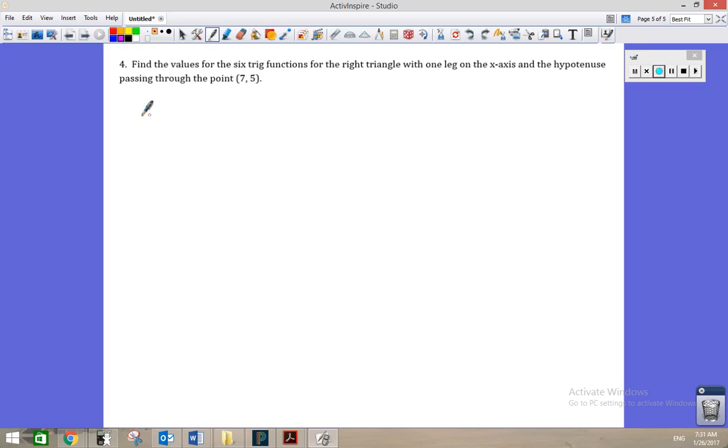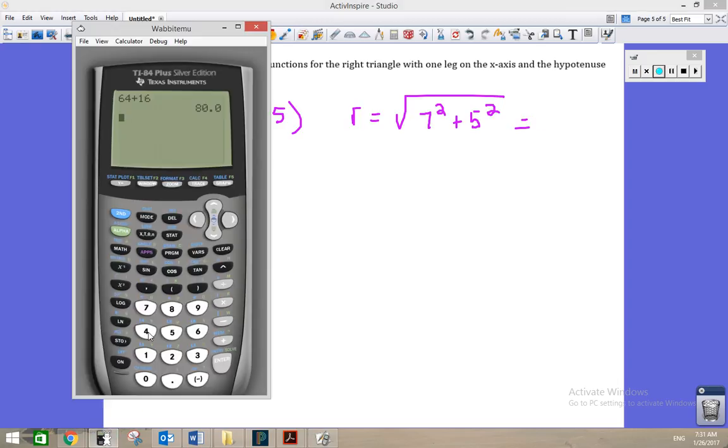Then the last one on this video, 7, 5 is in quadrant 1. All trig functions are positive in quadrant 1. 49 plus 25 is 74, right?